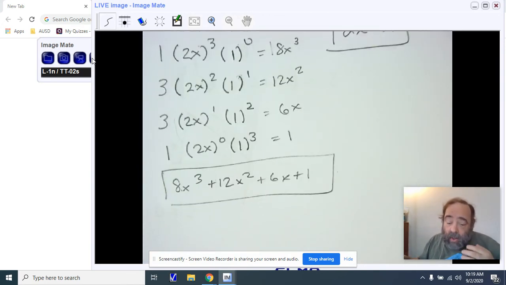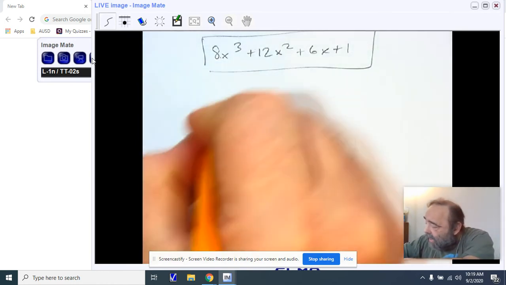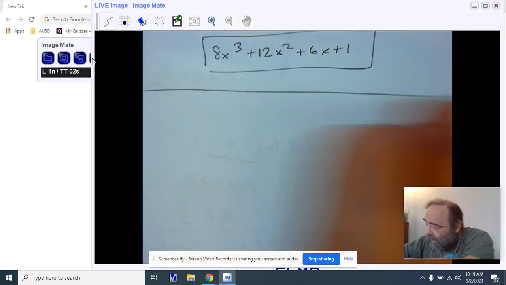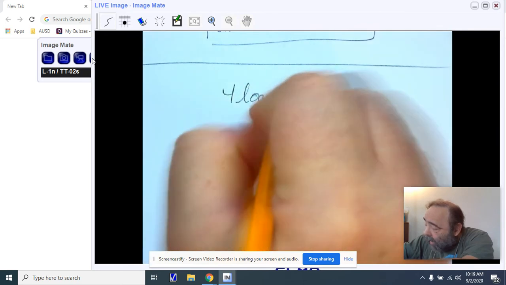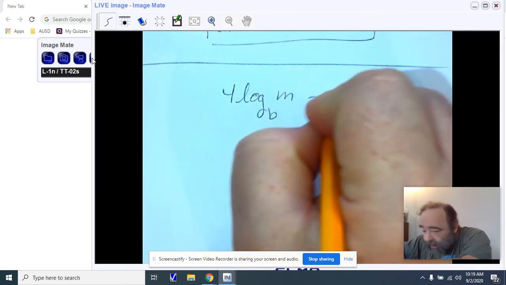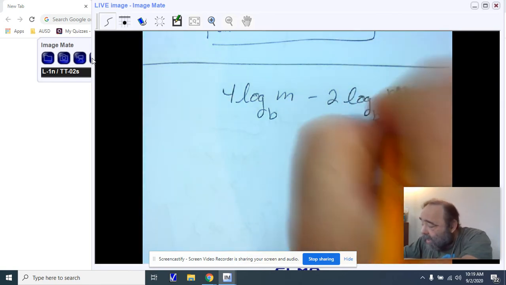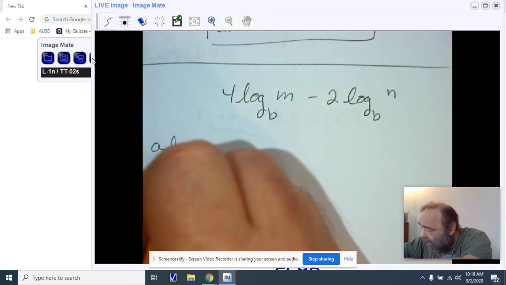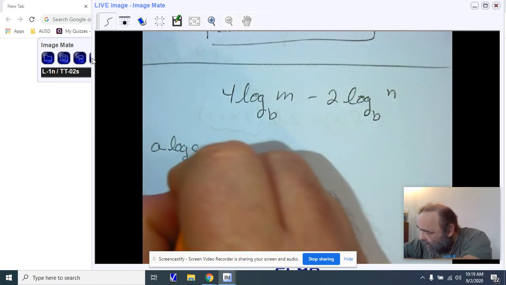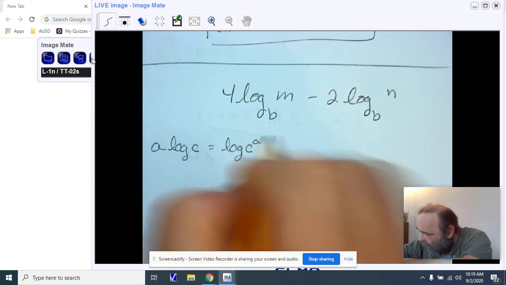We're now going to be taking a look at logarithmic condense and expand. When we are condensing, we are taking a multiple log, in this case, 4 log base b of m, and we're subtracting 2 log base b of n. Now, in order to condense, we're using the rules that say the log of c to the a power is a log of c.